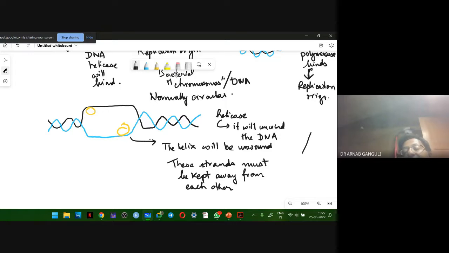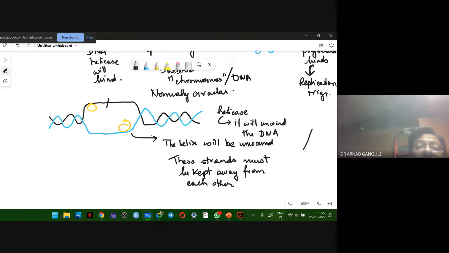If these strands, the black strand, this strand and this strand, are not kept away from each other, they will rewind. Why are these strands needed? They are needed for synthesizing new DNA strands.